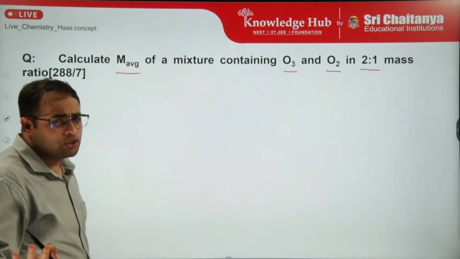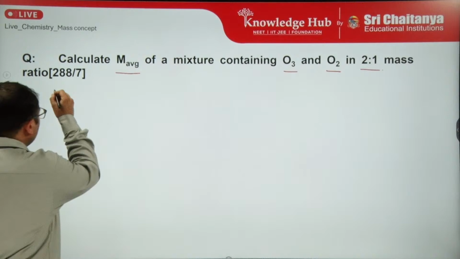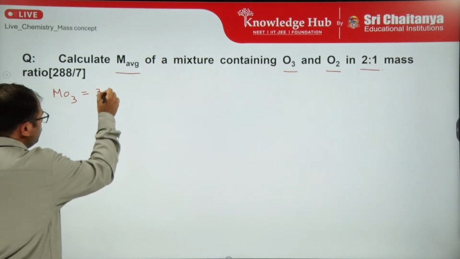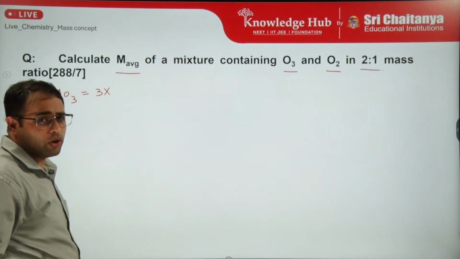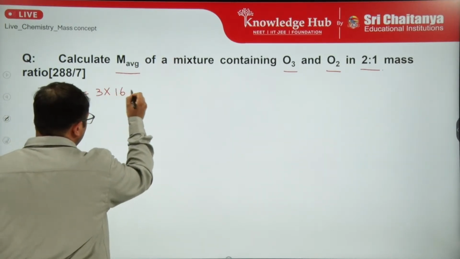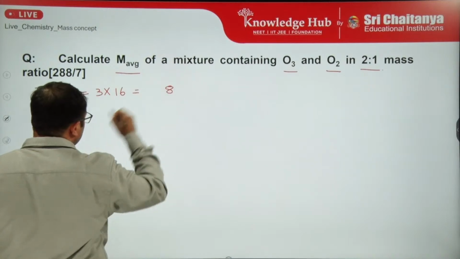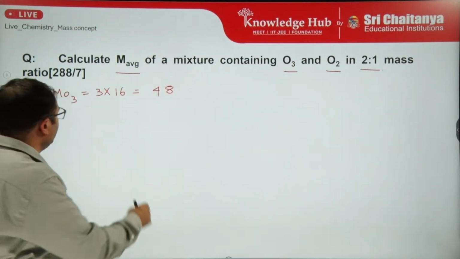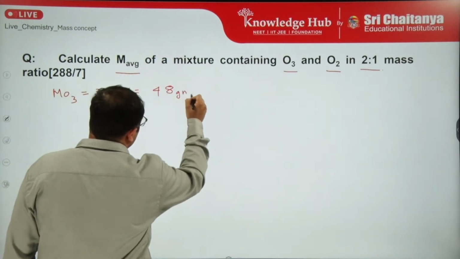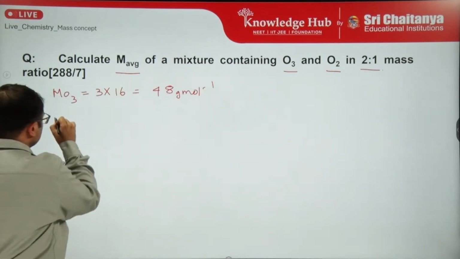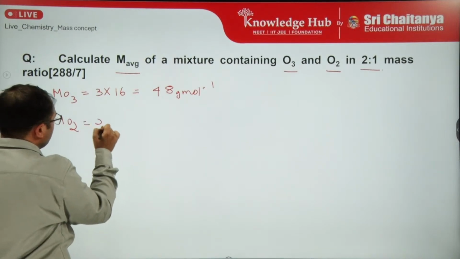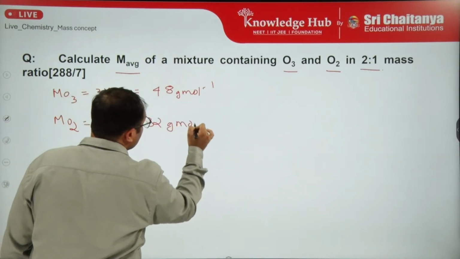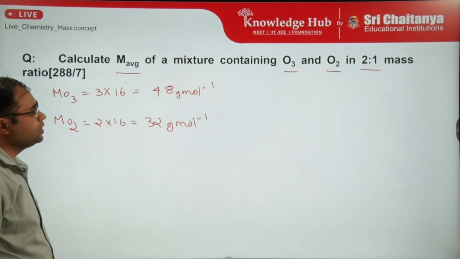At the very first go, calculate the molar mass of O3: 3 into what? One oxygen is 16, so 48 grams per mole. Right, molar masses are done.